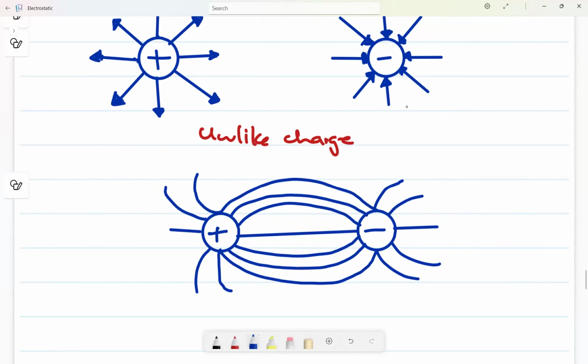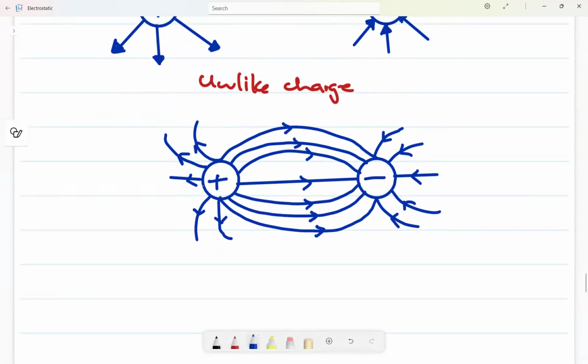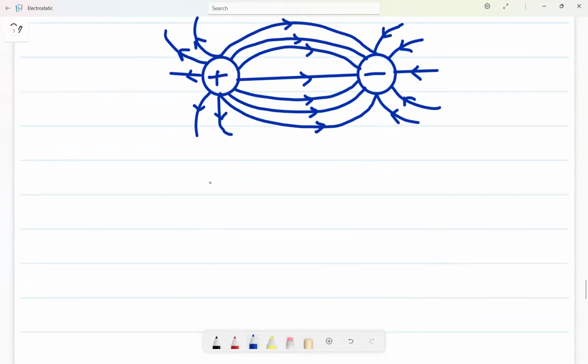Do not make them straight, but show that they are moving from positive to negative, in that direction. Then into the negative, they are entering here, they are entering there, and they are leaving the positive there. Can you see? The electric fields are very, very important. This is what is required of you when they say draw the electric field for both the charges.